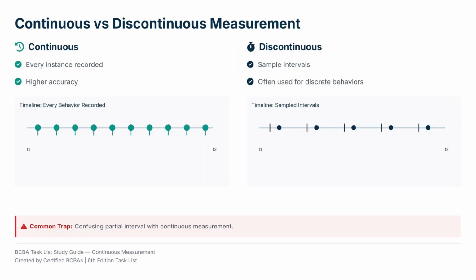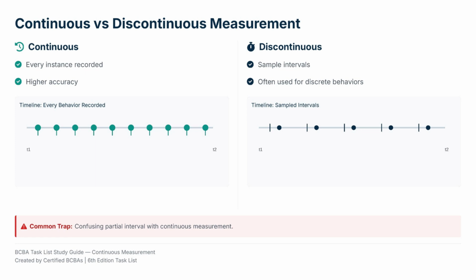It's very important to distinguish continuous measurement from discontinuous measurement because the BCBA exam often tests this difference. Continuous measurement records every instance of behavior, which results in higher measurement accuracy. Discontinuous measurement, on the other hand, records behavior during selected time intervals rather than continuously.